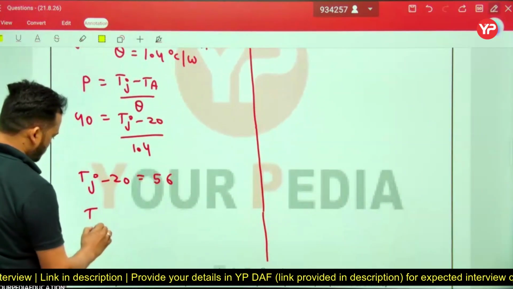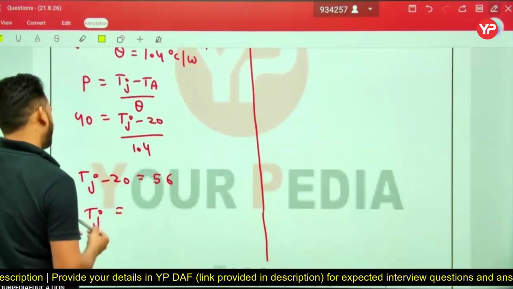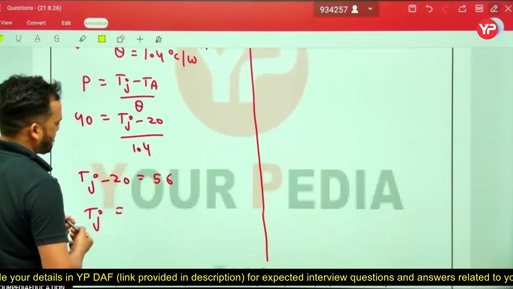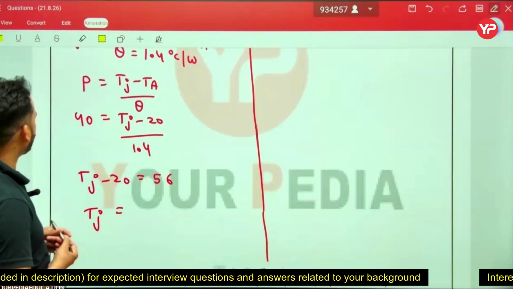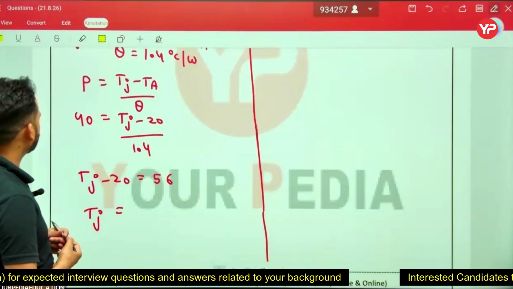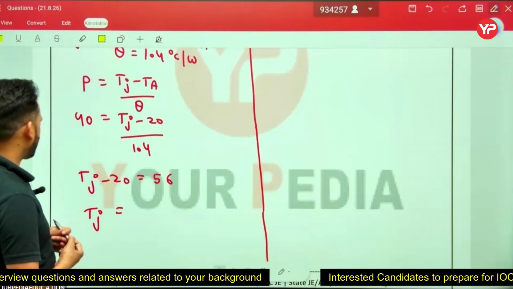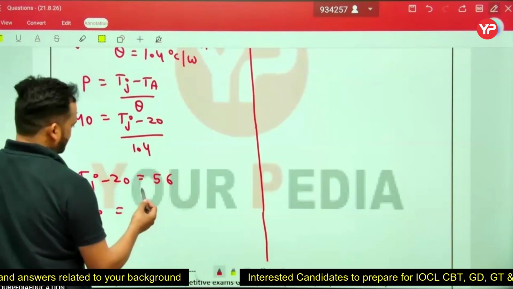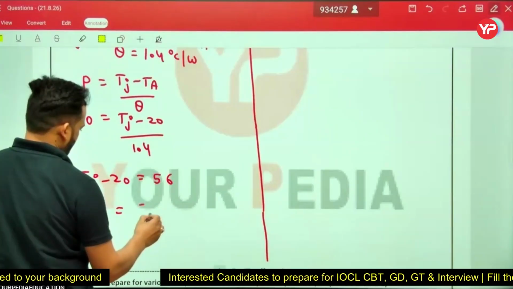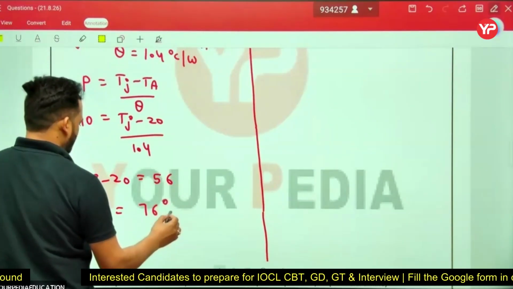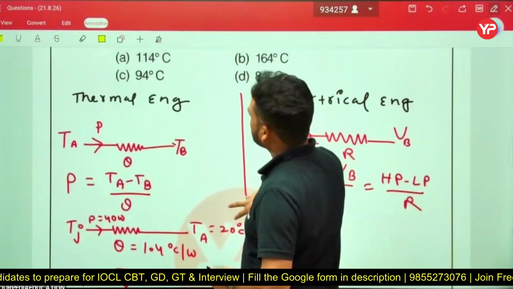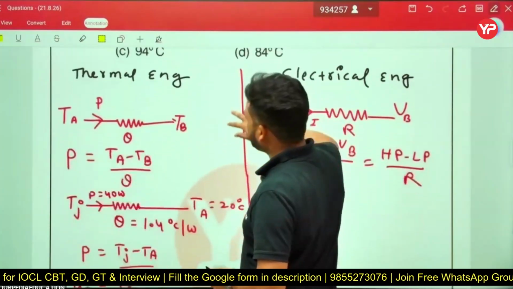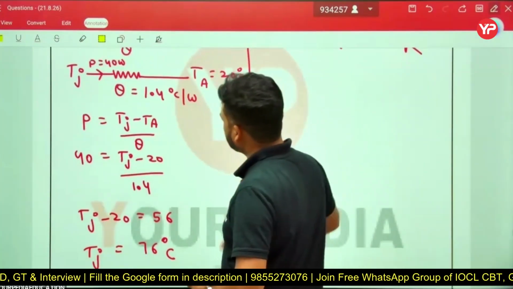Then Tj equals 56 plus 20, 76 degree centigrade. 76 is not mentioned in the options.